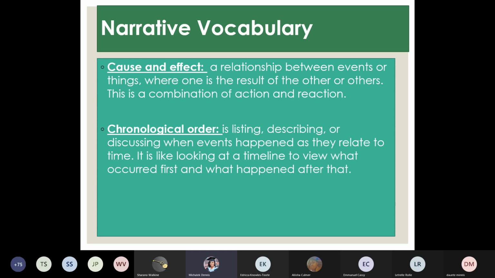For example, as a result of not bringing my umbrella this morning, because you saw it rain, I ended up getting wet. Cause and effect is a relationship between events or things where one is the result of the other, a combination of action and reaction.